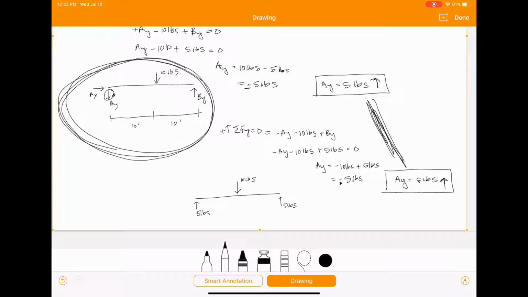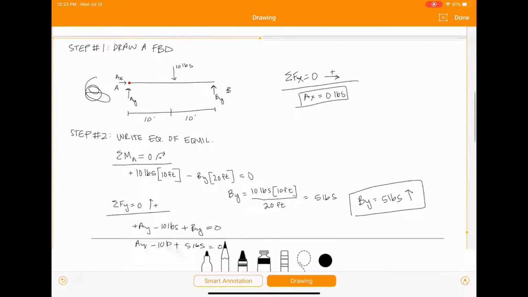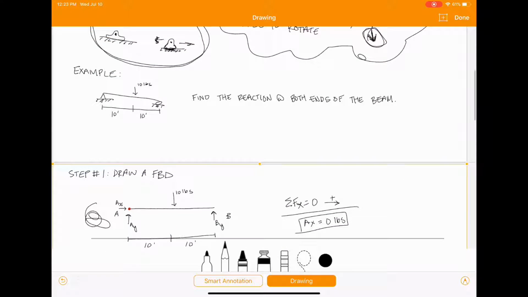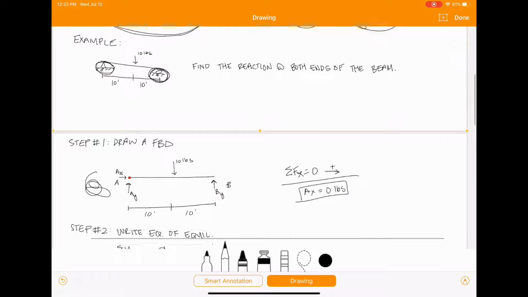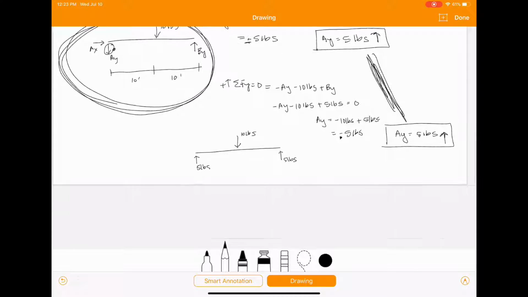And why this is important is because later, when you actually design these systems, you're gonna have to know that whatever is holding this beam up has to be able to support that 5 pounds. Otherwise, whatever's holding up the beam is going to fail. So that's why that's important later on.